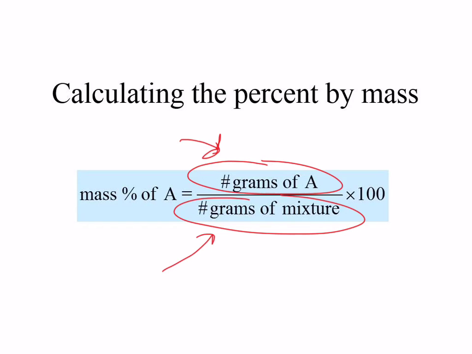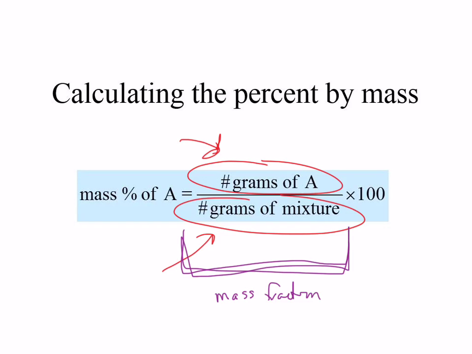Okay. And I'm going to throw something at you. You can go ahead and add it to the slide if you want to. I'm going to circle or put brackets around that first ratio. If you don't do times 100%, you have what's called mass fraction. To show what I mean, if I take that ratio times 100%, then I have mass percent.